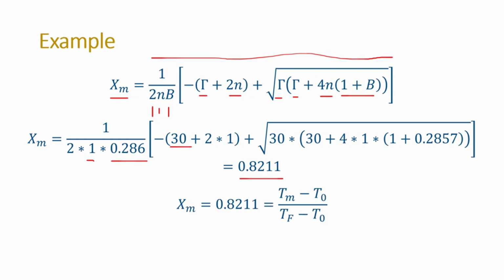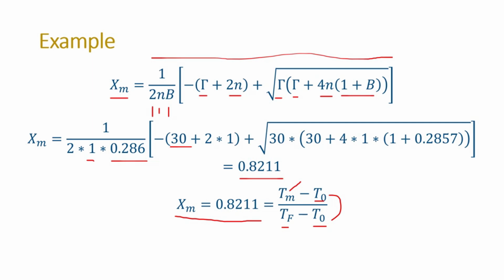So how do we relate this to the temperature at which the maximum self-heat rate occurs? Well, we can do that by taking conversion and relating it to how we defined conversion relative to the temperature. So we made the assumption that we could relate conversion to temperature being T minus the onset temperature divided by the range of temperatures, the final minus the onset. So here the T would be the temperature at which we see the maximum rate of self-heat, because we have the conversion here at the maximum rate of self-heating.